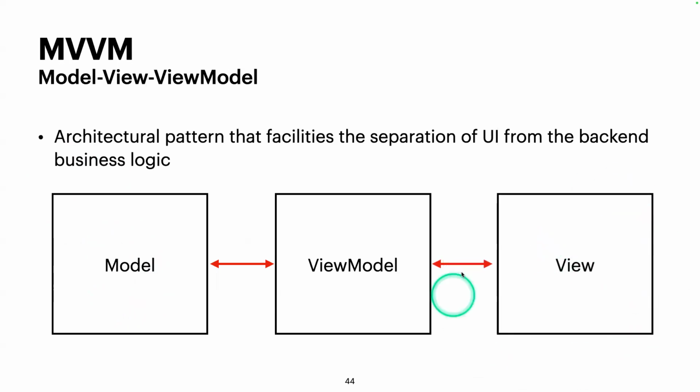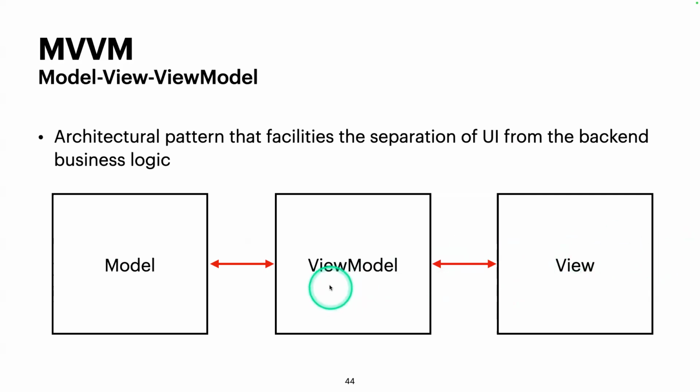And then next we have our view. Our view part is simply your SwiftUI views, right? That's just the UI that you display to the user. And in the middle, facilitating between the model and the view, is what we call our view model. The view model is where we put all of our main data that drives our views, and also any helper functions that the view might need to interact with that data.